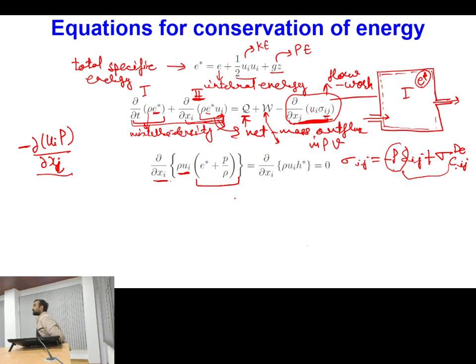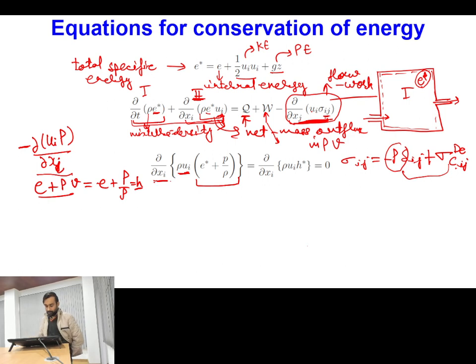What is E star plus P by rho? Enthalpy. So E plus P into specific volume, and specific volume is nothing but 1 by density. So this is equal to our enthalpy, H.